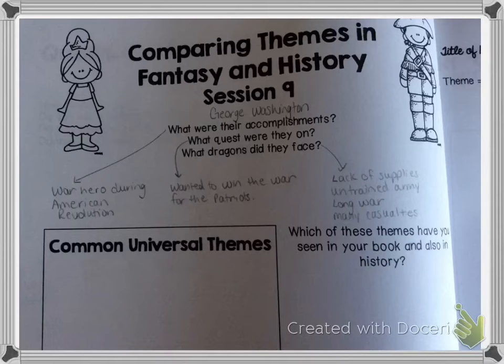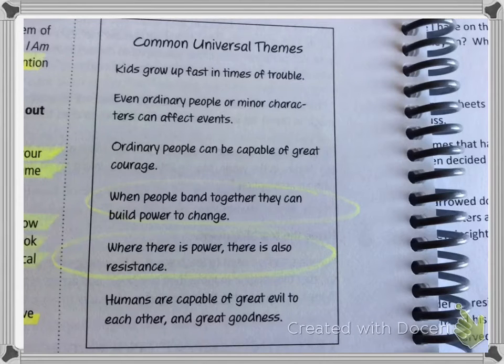So thinking about that and thinking about George Washington, here are some common universal themes. And I want you to think about these for a minute. So some themes that you might see in books and in history is that kids have to grow up fast in times of trouble. Even ordinary people or minor characters can affect events.